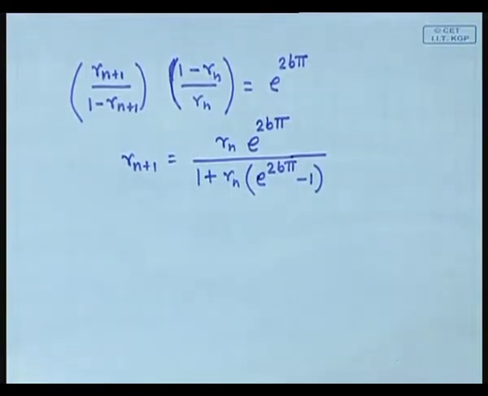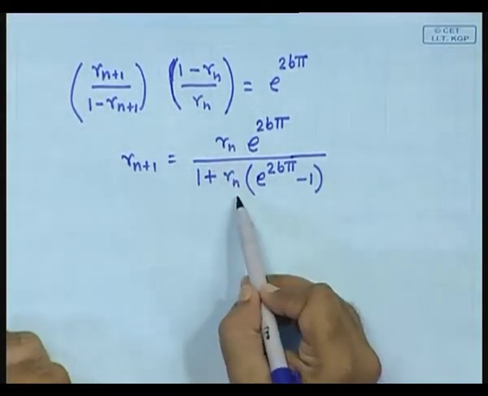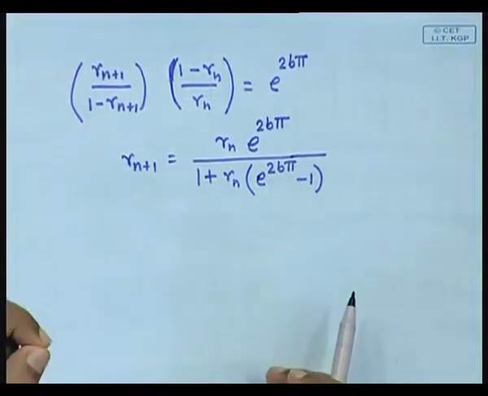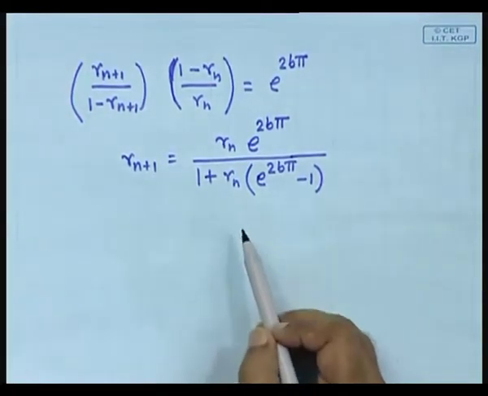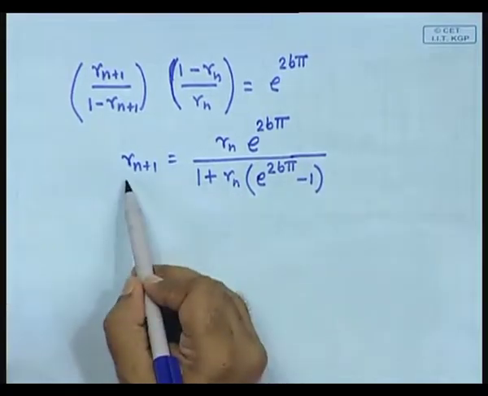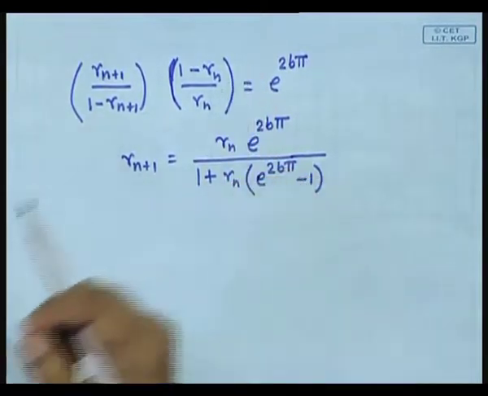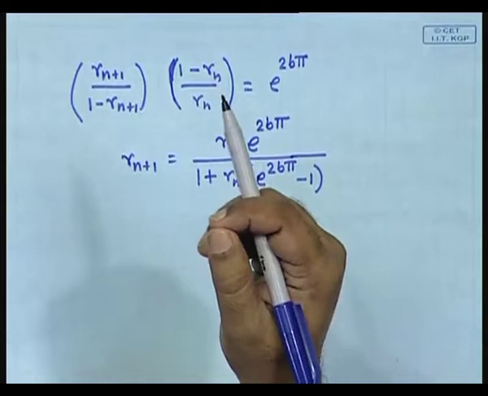Now, notice, Rn could be just anything. Rn is at the nth iteration, if the distance is this much, where will it land next? That is the question we are asking. So, this much could be anything. We could ask this question related to anything. There is no reason to say that it is 1 inch and not 1.1 inch.